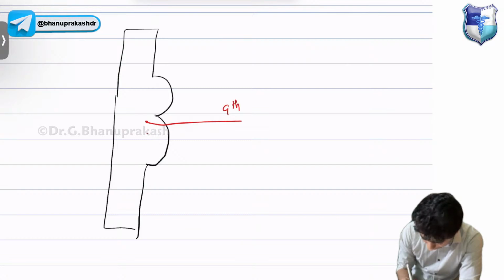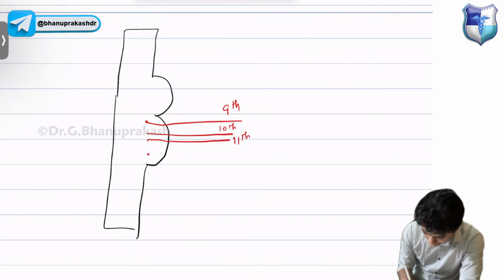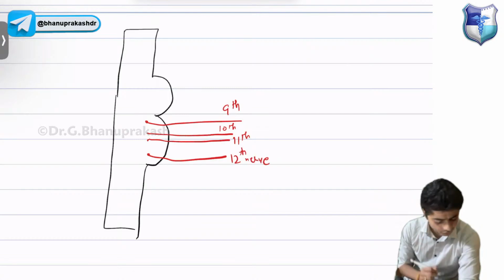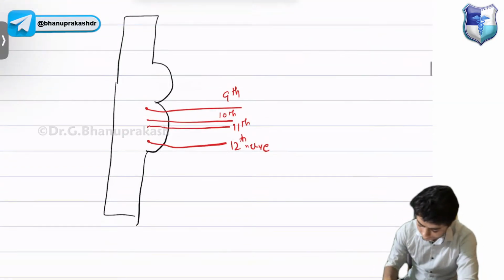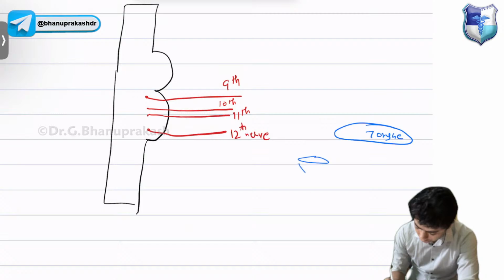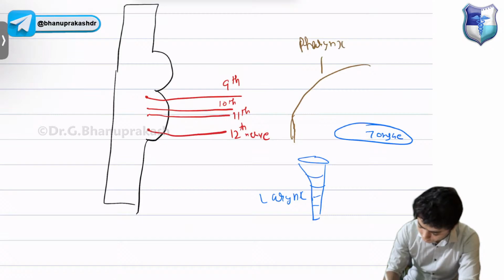This is your ninth, this is your 10th, and this is your 11th with the 10th nerve. And this is your 12th nerve. And here is your tongue. Then there is your larynx, and this is your pharynx.